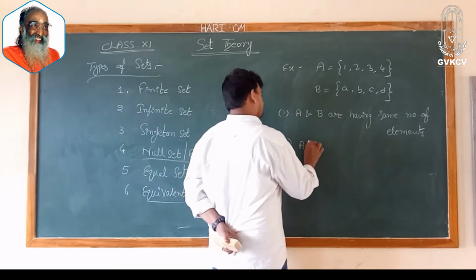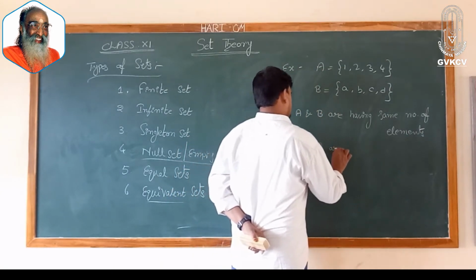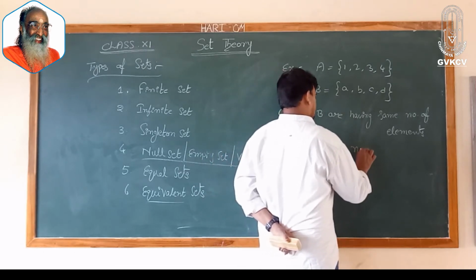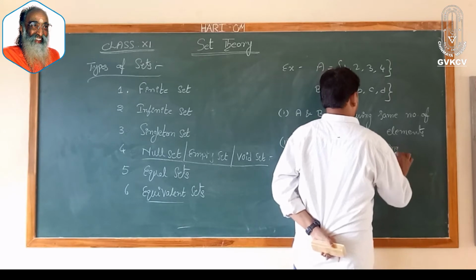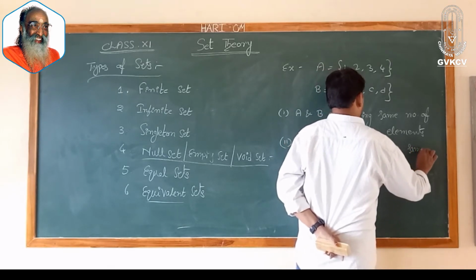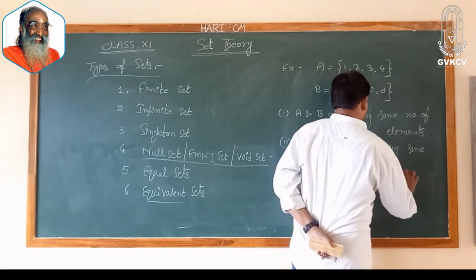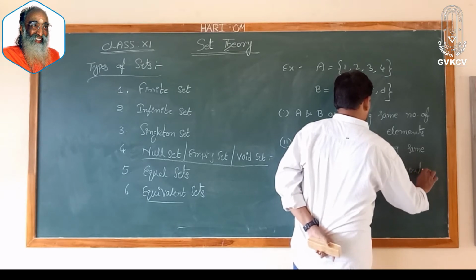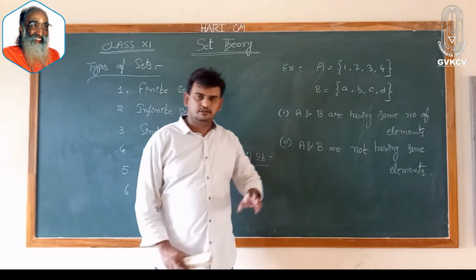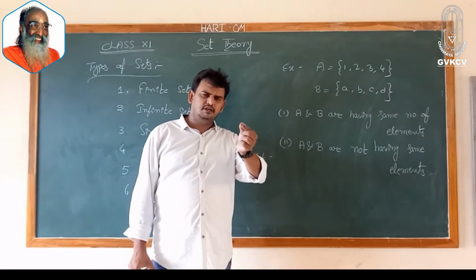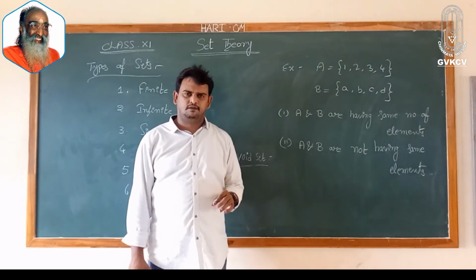And condition number 2, A and B are not having same elements. So a slight difference between equal sets and equivalent sets.